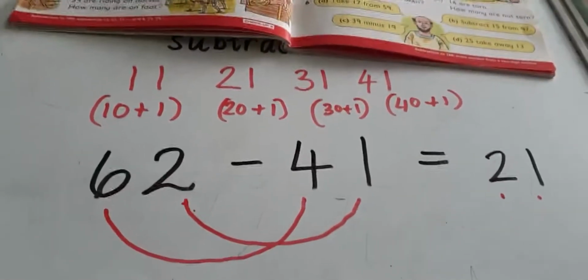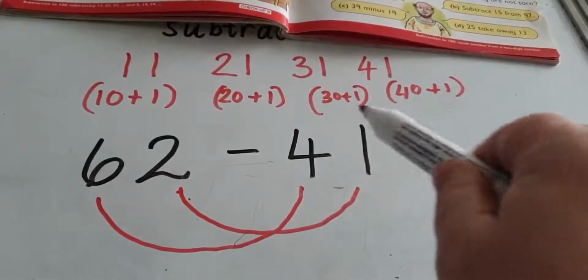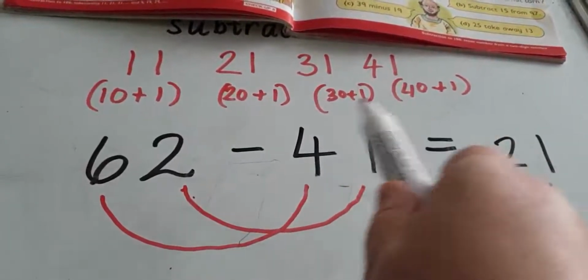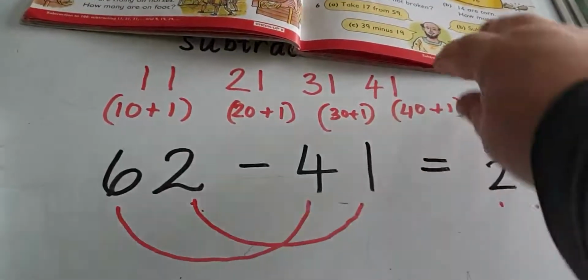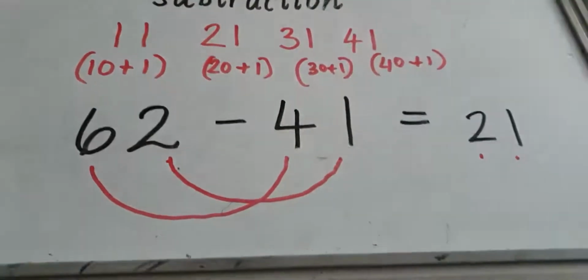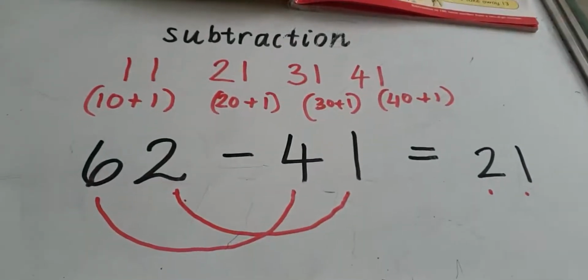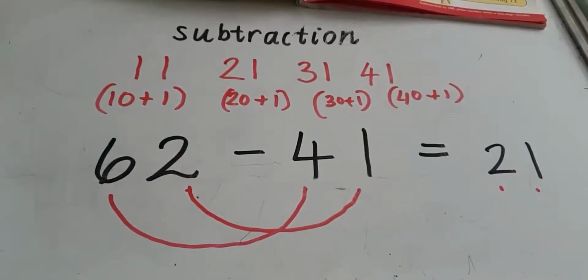Okay, but I just want you to have a think about this because it might help you, especially when we're doing mental maths. Splitting numbers into easy chunks is always a good strategy to use when we're doing mental maths.